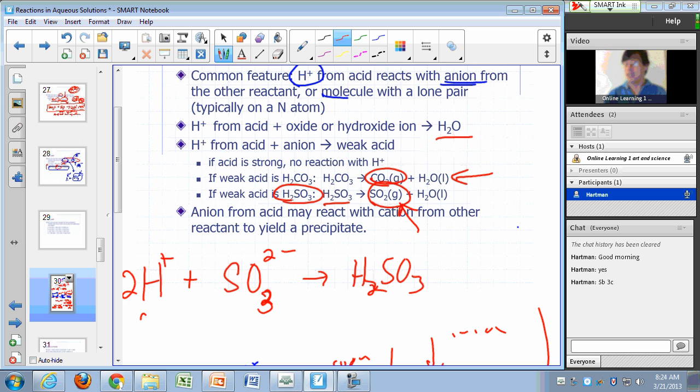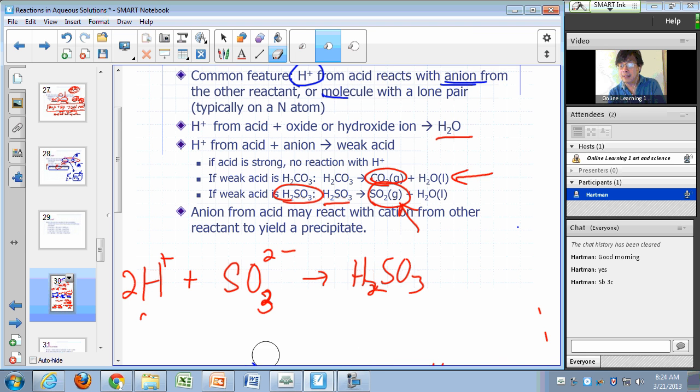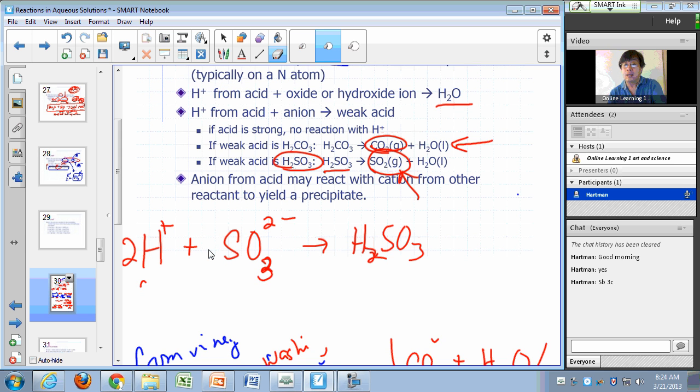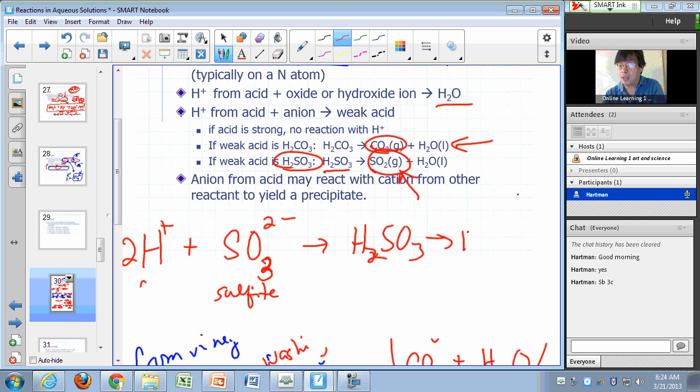So you're going to stink up the place. It's got a very strong smell, SO2 gas. And that can also happen if you're reacting with a bisulfite. So a reaction between an acid and a sulfite would give you H2SO3, which, like I said, readily breaks up into water and SO2 gas.